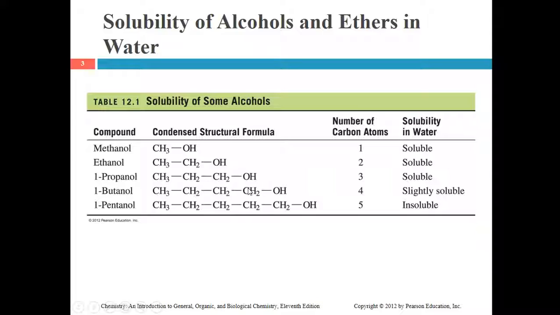Because we have a longer chain of the molecule that is nonpolar, and the OH side is polar, but it's just a little bit of the molecule. The molecule has much more nonpolar space, so it is not going to dissolve in the water. By the time you get to a 5 carbon alcohol, it's totally insoluble, meaning it doesn't dissolve in the water.